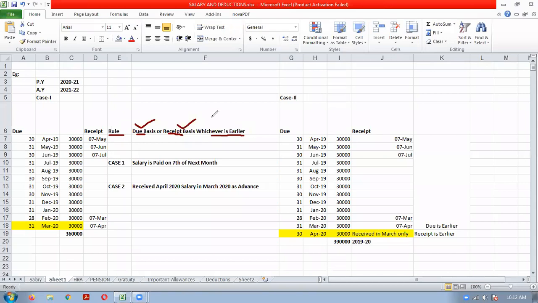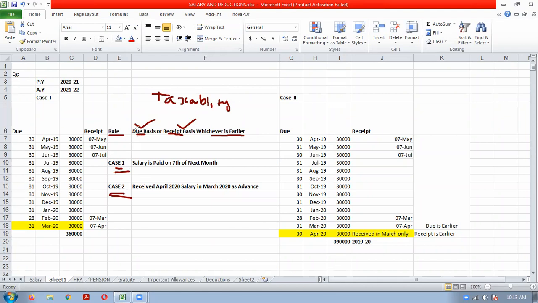This rule we will understand practically by taking two examples, example number 1 and example number 2.